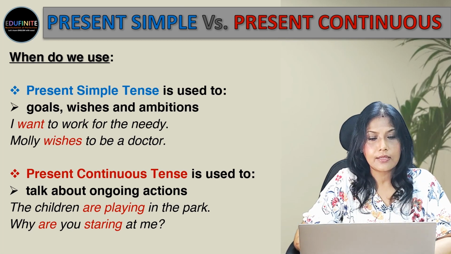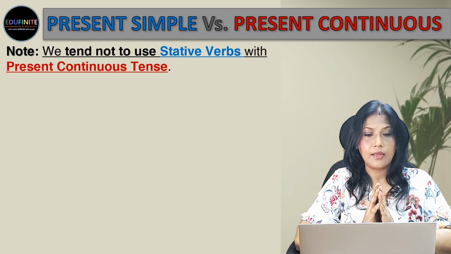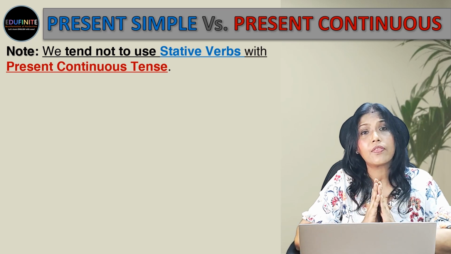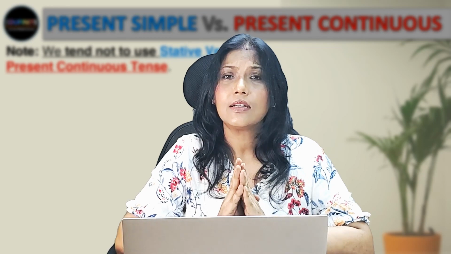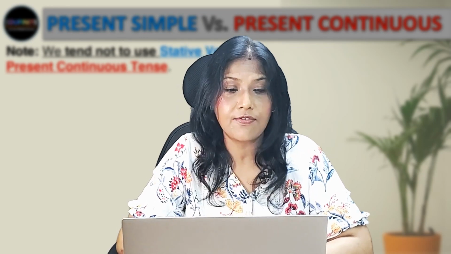Okay. Next, we have to note one thing. While using present continuous tense, we don't tend to use it with stative verbs. So present continuous tense is avoided with stative verbs. Now, what are stative verbs?